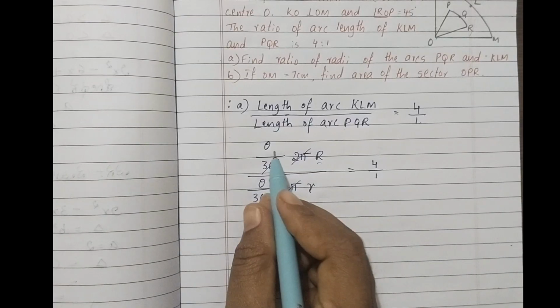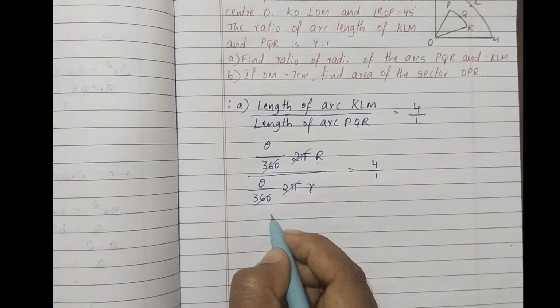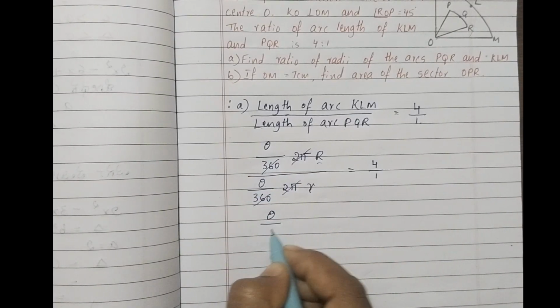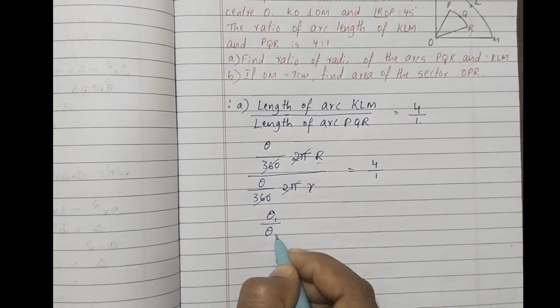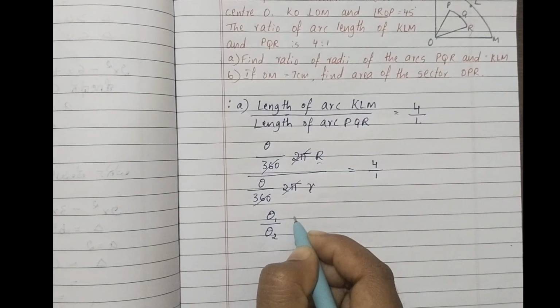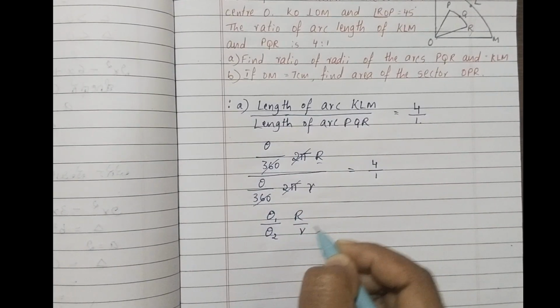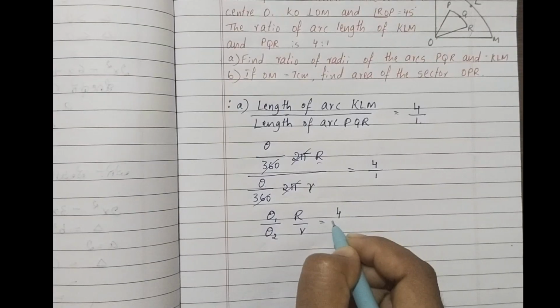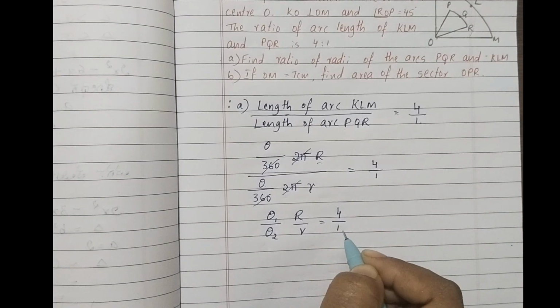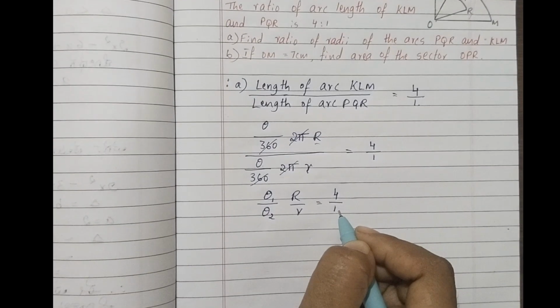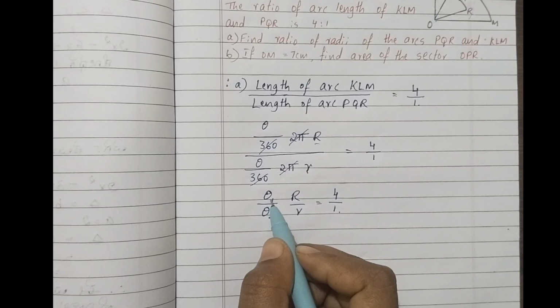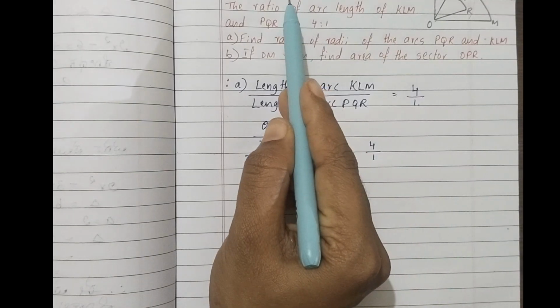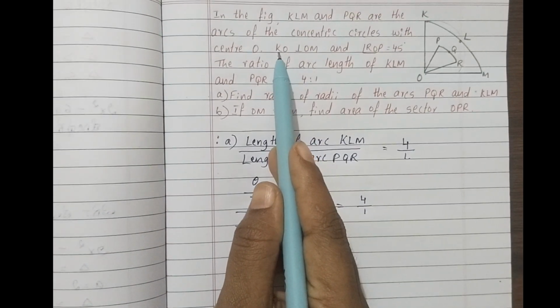Now the remaining is theta and another theta, which we can consider theta 1 and theta 2, into r divided by r, equal to 4 by 1. Theta means the angle value, already given in the question.